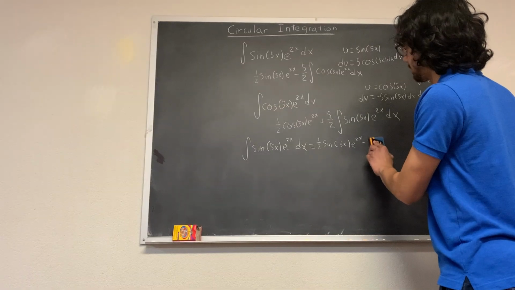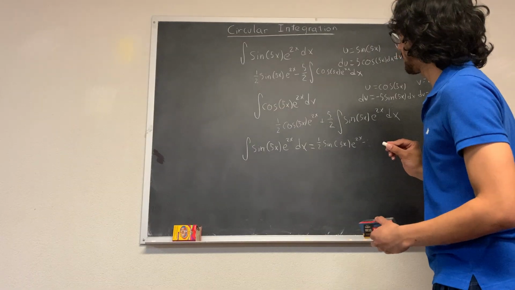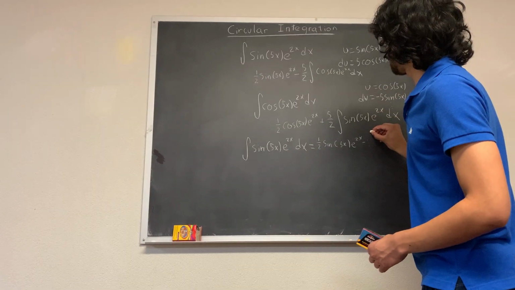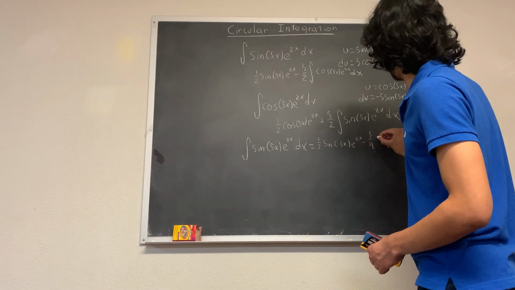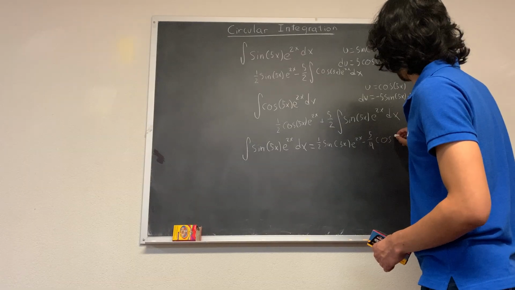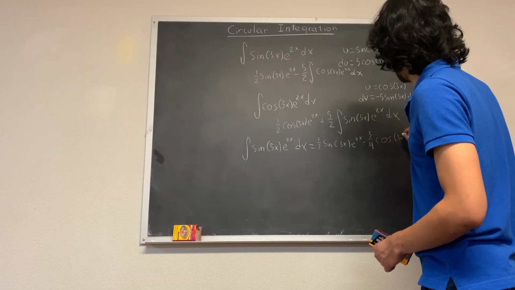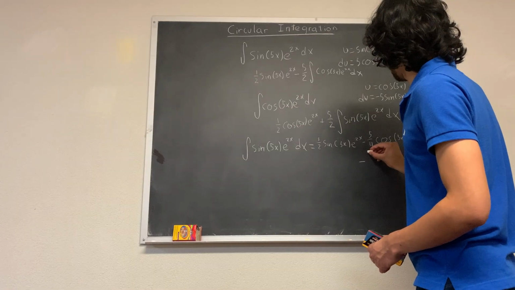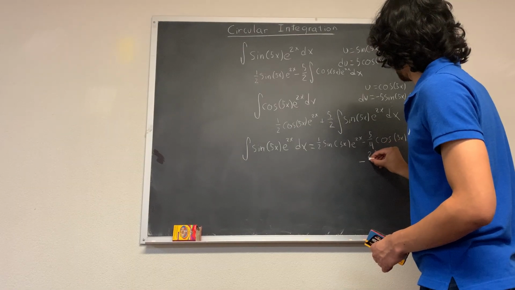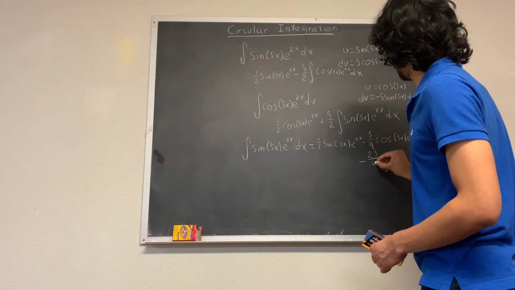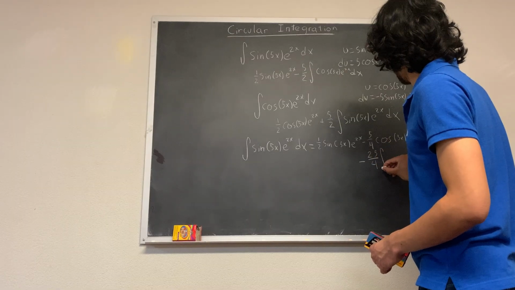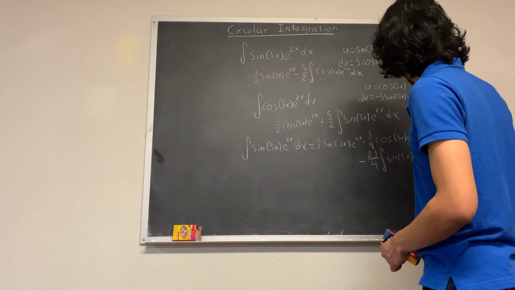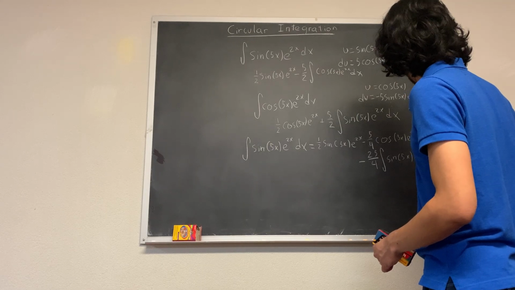You guys can always double check the math. Hopefully I don't make any errors. So it's going to be minus 5/4 cosine of 5x e to the 2x minus 25/4 integral of sine of 5x e to the 2x dx.